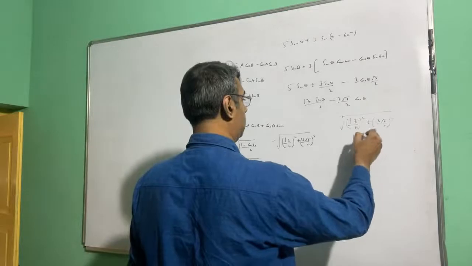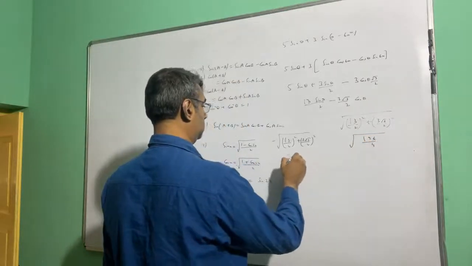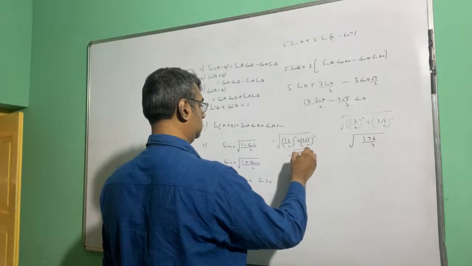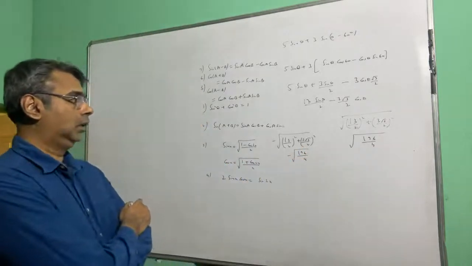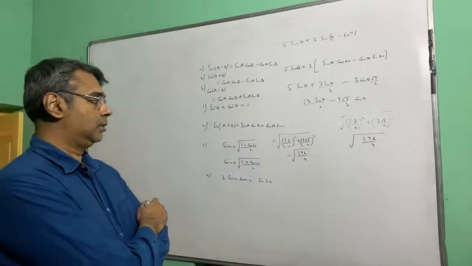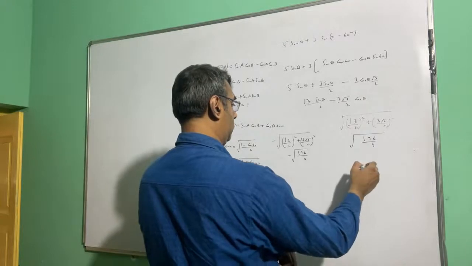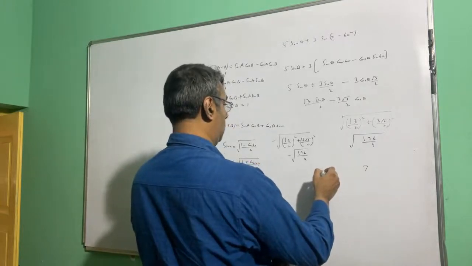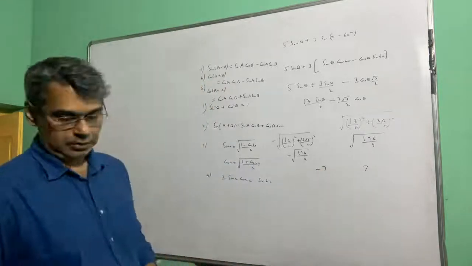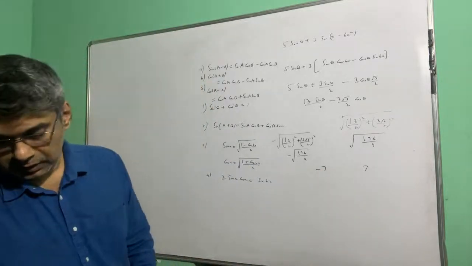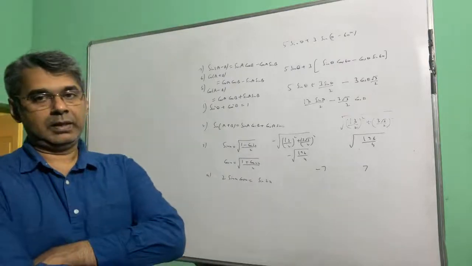So this is root over 196 by 4. Minimum value is negative of root over 196 by 4. So maximum value is 7 and minimum value is minus 7. So the answer of this question is that the maximum value is 7 and minimum value is minus 7.